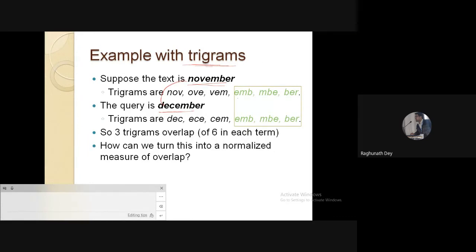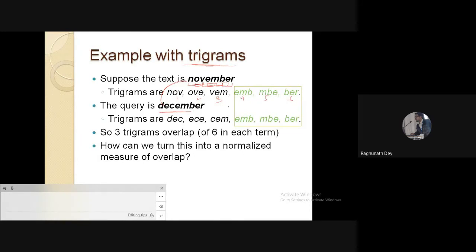So as it is trigram, try to break the whole word into the possible overlapping 3 characters. One is NOV, another is OVE, another is VEM, another is EMB, another is MBE, another is BER. These are the 6 possible trigrams.